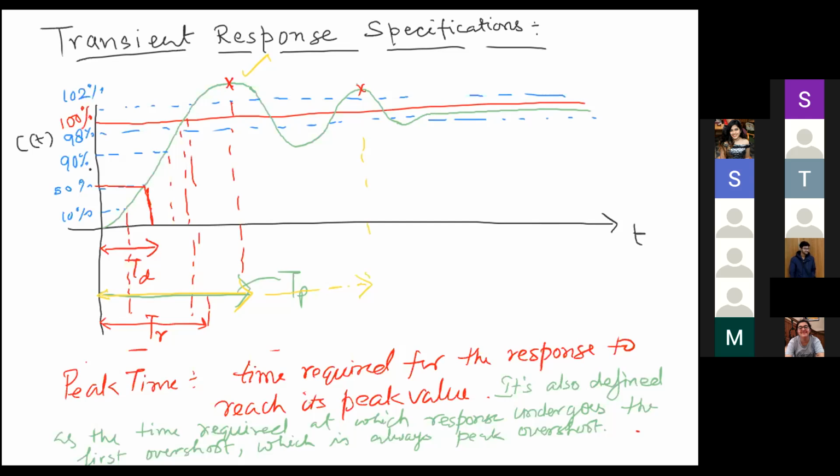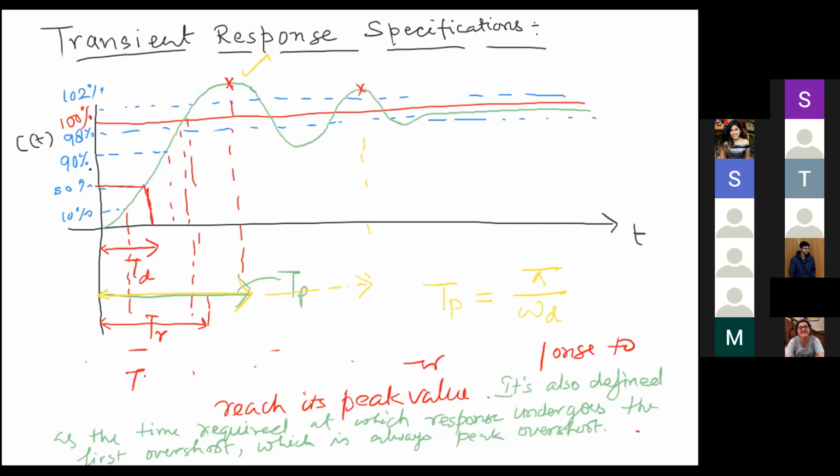And the formula for peak time is Tp is equal to pi upon omega d. Omega d is the damping frequency, which is equal to omega n under root of 1 minus zeta square. Here zeta is always less than 1, so it means it's an underdamped system.